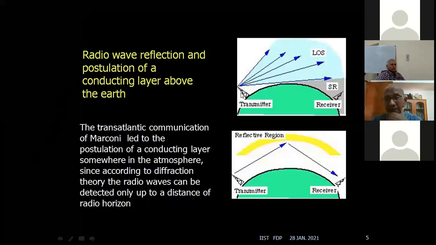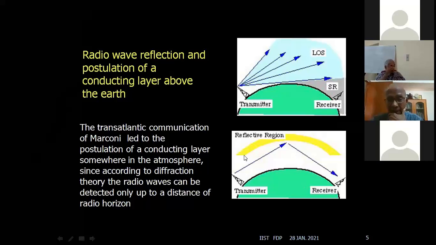As you can see, when you transmit from an antenna, the electromagnetic waves go in straight lines, and if there is no reflector above in the atmosphere, the rays go straight, and beyond this horizon is all the shadow region. If there is an antenna here, you will not be able to see.